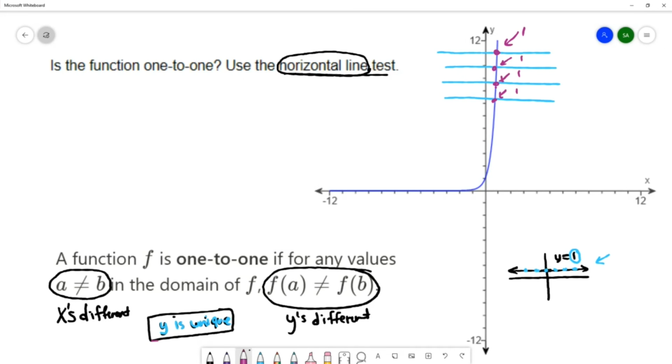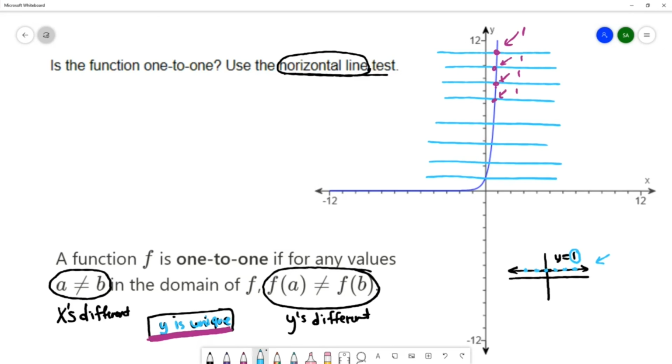And if there's only one of those y values, we're going to be able to say that all of those y's are unique. They never repeat. So if a graph is going to pass the horizontal line test, it should only intersect the graph in exactly one point.